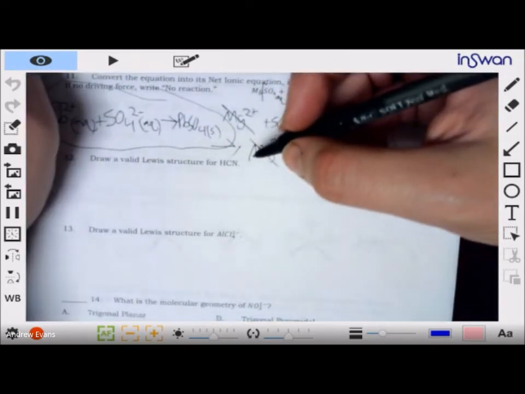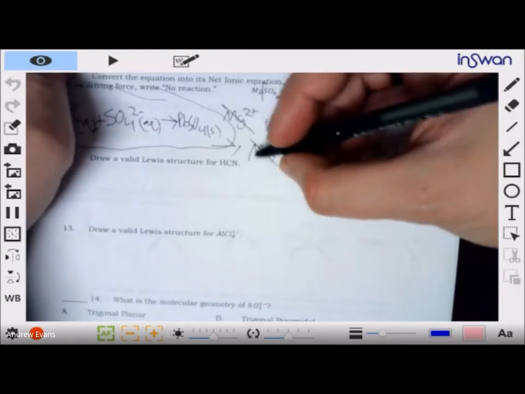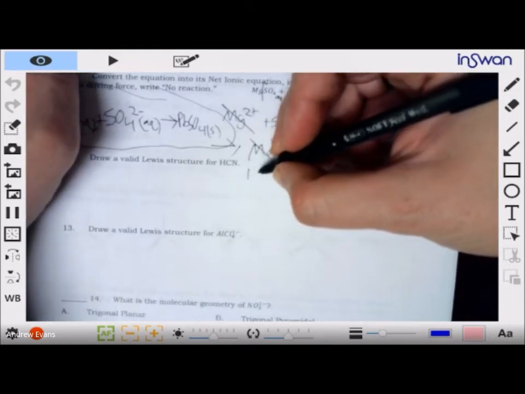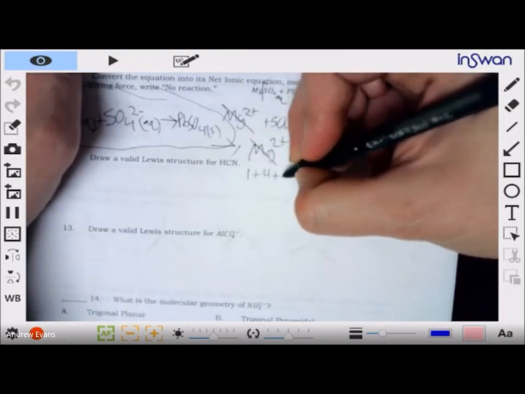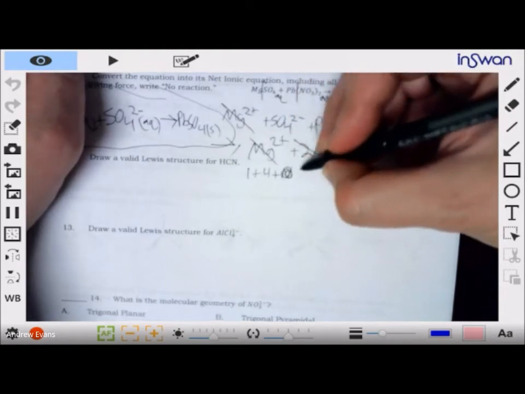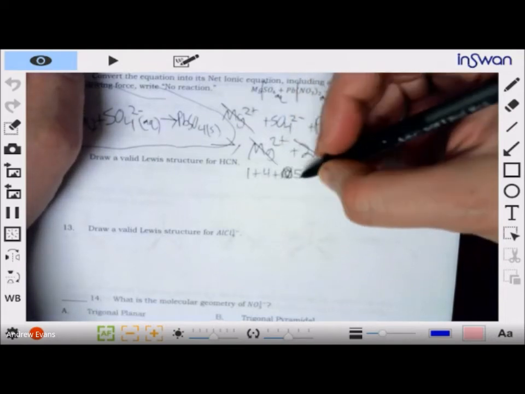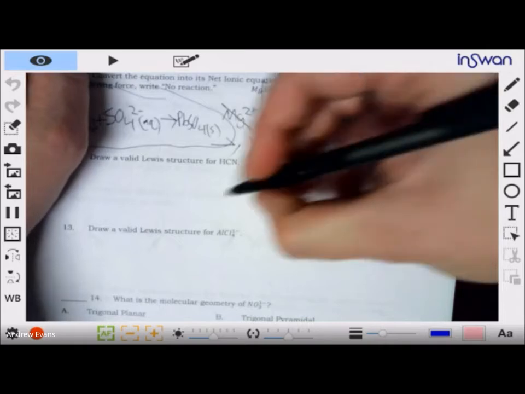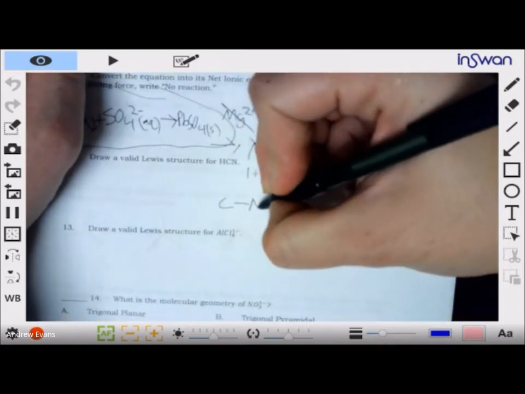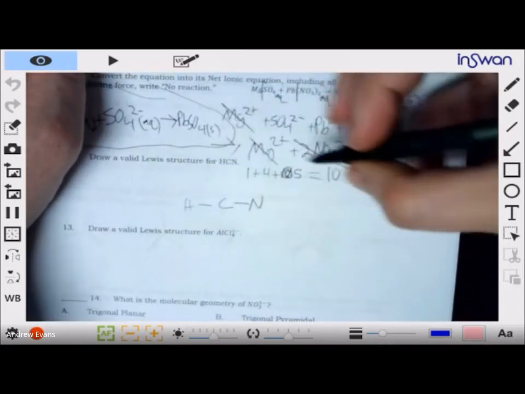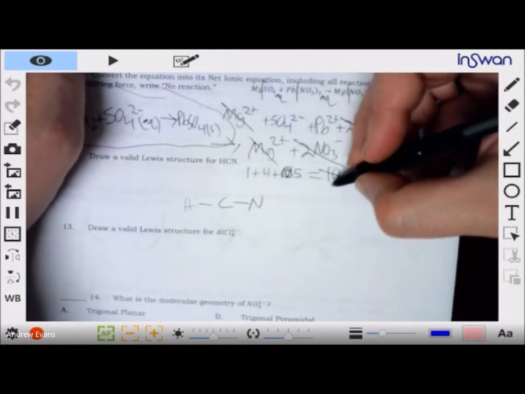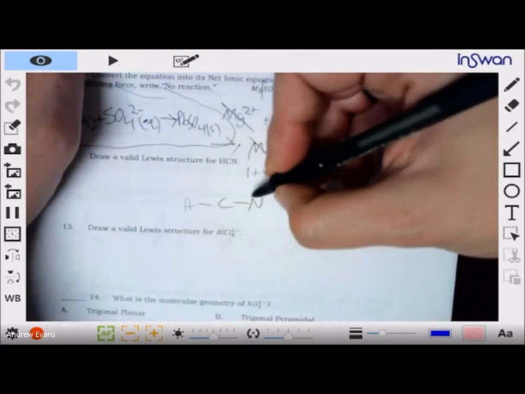Draw a valid Lewis structure for HCN. H is 1, C is 4, N is 5. Add those up, 6, you have 10 electrons. C is in the center. That uses 4, down to 6.